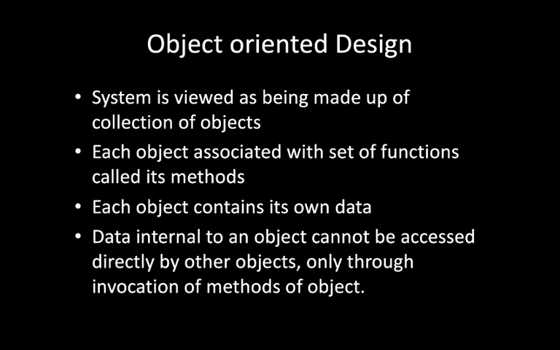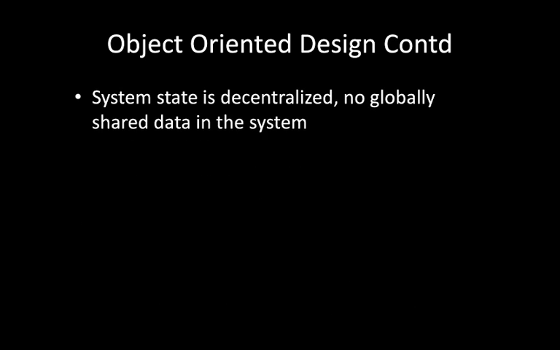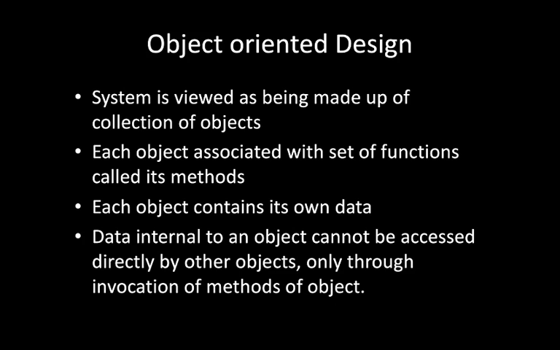Then only that data can be accessed. You have already learned about data encapsulation. So there is data encapsulation in the object-oriented approach, where data hiding is there, whereby data is hidden from outside the class also.